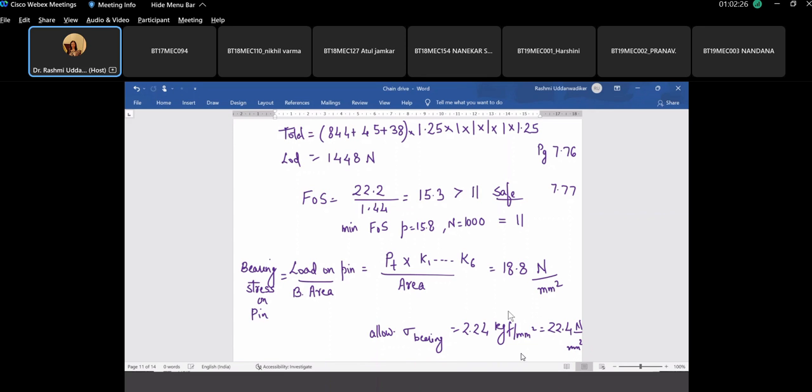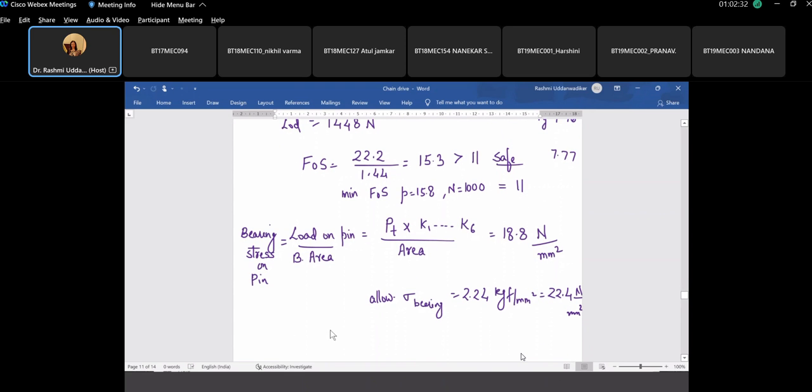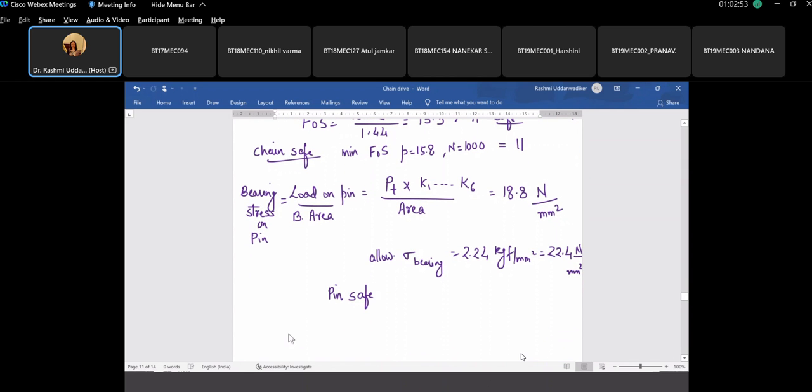So our value is less than this allowable bearing stress, which means even the pin is safe. The pin is safe. This has given us that the chain is safe, which means our selection is correct. So it is the hash 50 chain or R50 chain that we have selected. You have to again calculate the length of the chain.